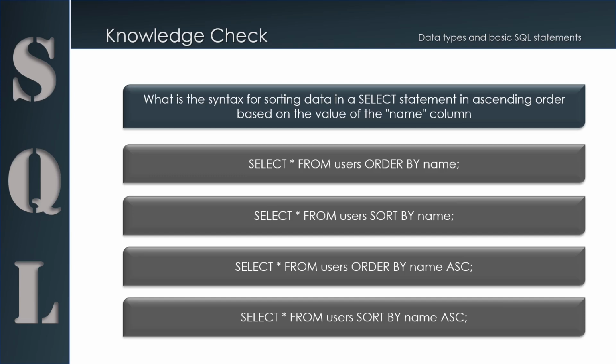What is the syntax for sorting data in a select statement in ascending order based on the value of the name column?